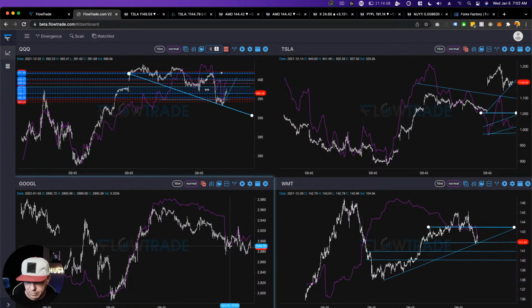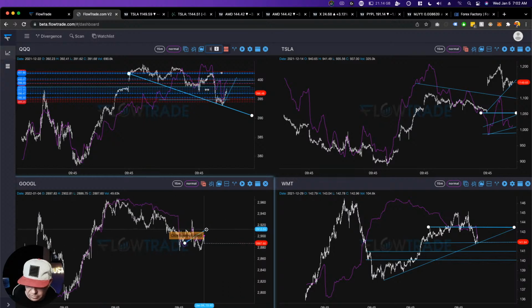Real quick on Google, the Google algo is making higher highs and higher lows, right? So what we want to see happen with the Google algorithm is this. If it can break out of its little wedge, right?